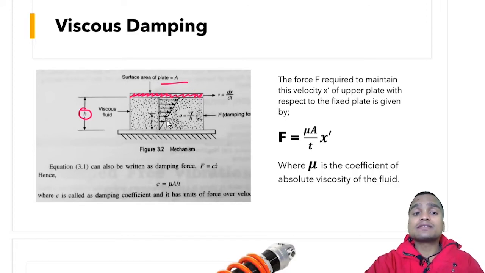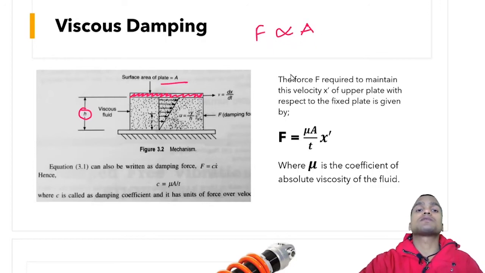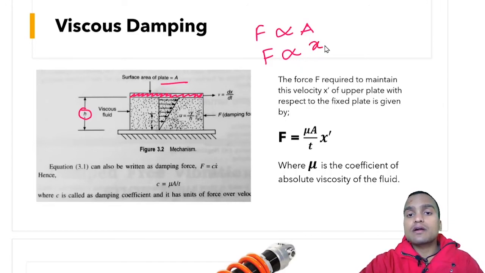This resisting force F will be proportional to what? The sectional area of the plate, and the force will also be proportional to the rate of change of displacement with time, that is x dot.